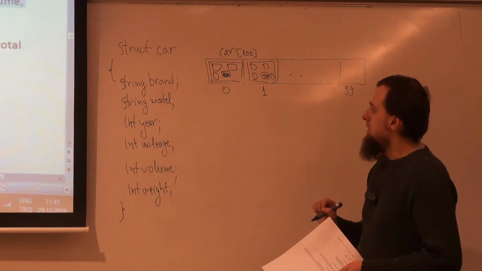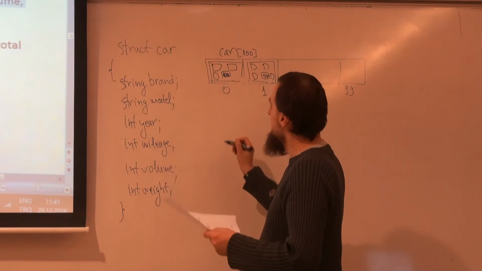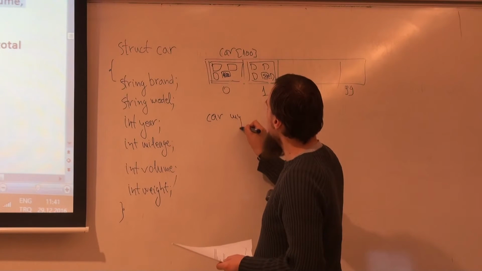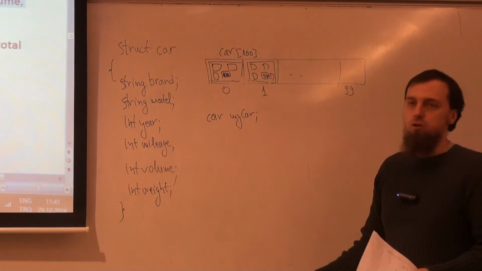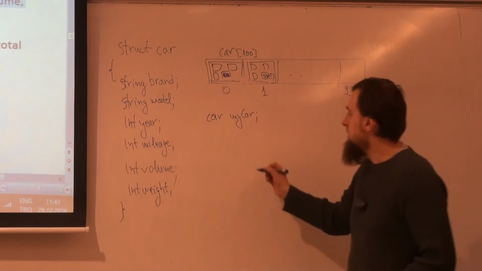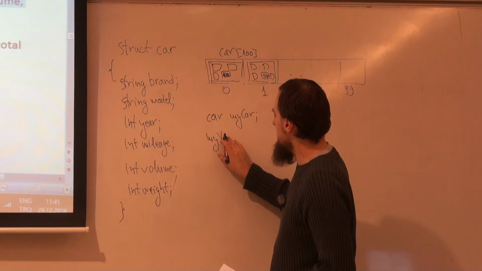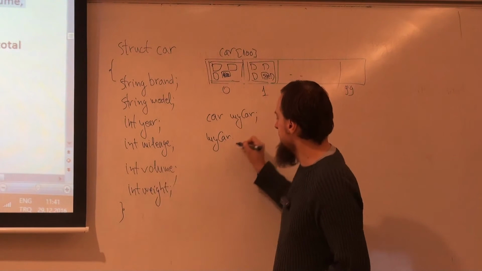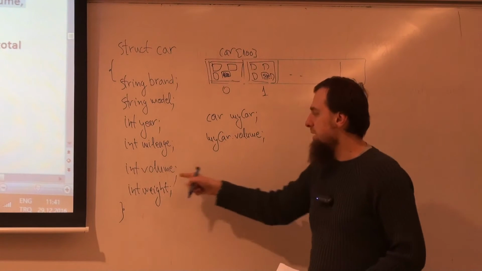Now, if I have a variable of type car, and I call it, let's say, mycar, how can I access the volume of it? Exactly. It's mycar.volume. Okay, I access the volume.